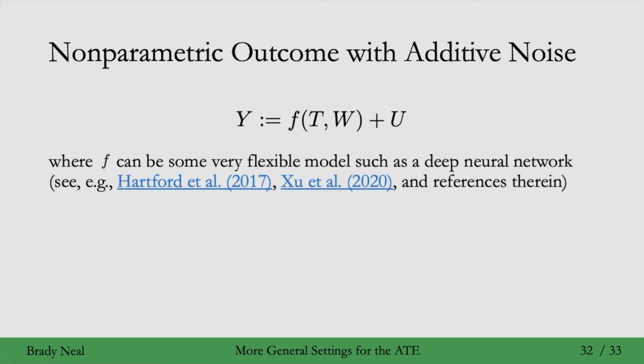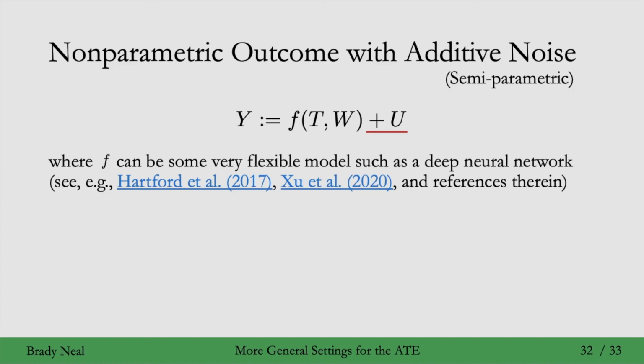And there's a bunch of different papers where they use different kinds of f's here. One is where you use deep neural networks. You can check out these references. Other common approaches are to use kernel methods for f. So the general idea is that once you add this additive noise assumption, and once you've chosen your model class f, which could be what people consider nonparametric, then you get identification of the regular average treatment effect, not the local average treatment effect.